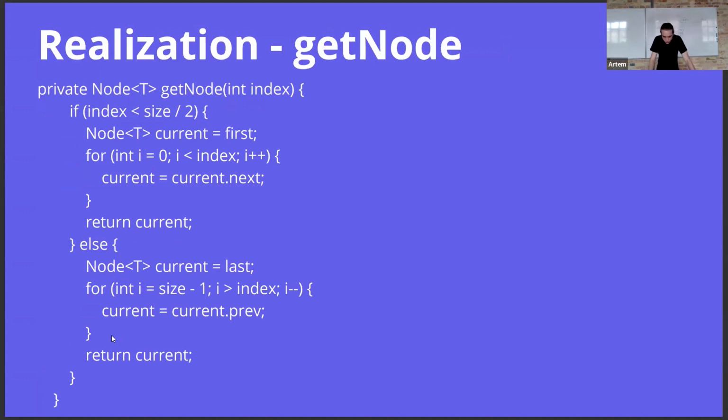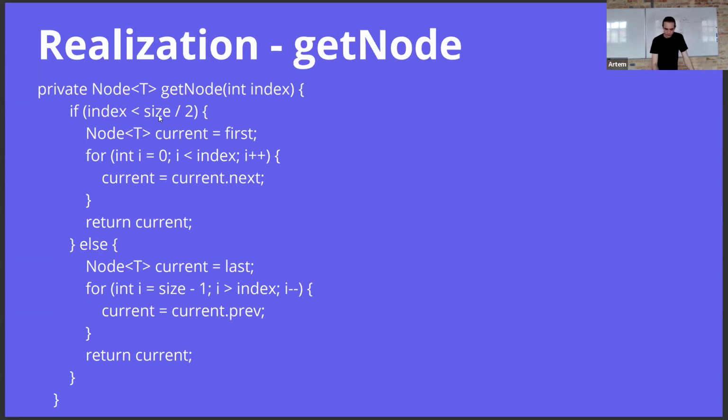Let's move to some methods of a linked list. So, get node. As we discussed before, if we want to get an element with some index, we check if this index is less than half of the size of the linked list.